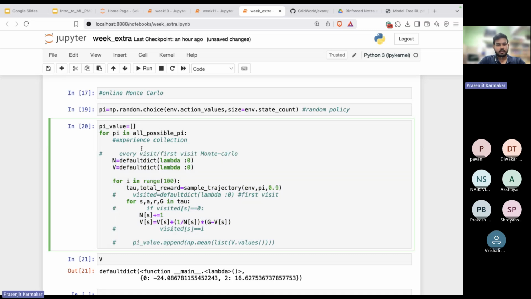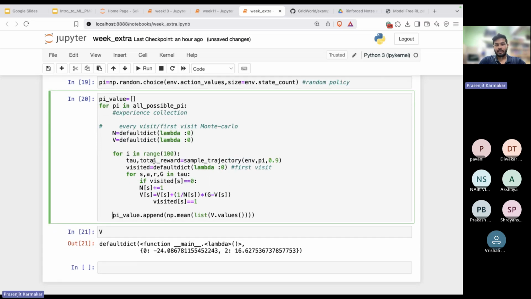Sorry, not this. Oh, and also do first visit. So first visit logic would be exactly the same. So after you visit, this is policy pi. So this pi value append will be here. After you visit all 100 trajectories, you update your pi value for that particular policy pi.